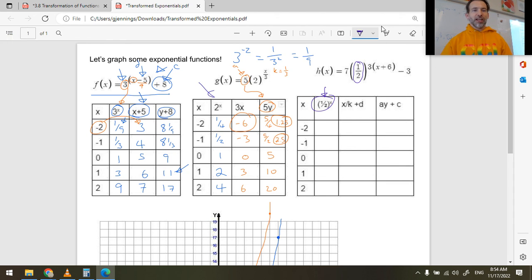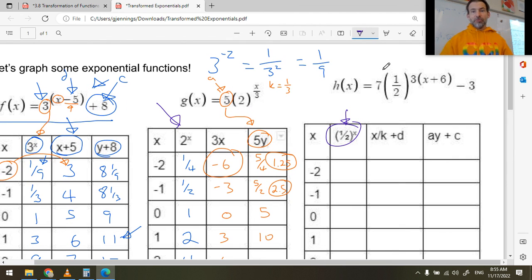It's just a reflection of that table. And then, what are my transformation values? What are my a, k, c, and d here? That's right, it's parts of the alphabet. Which parts of the alphabet correspond to which numbers there? I have one of each. There are all 4 transformations here for you to graph.